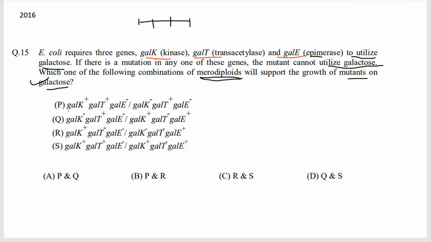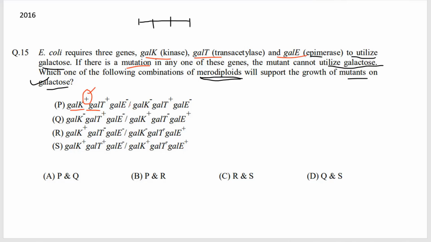In option one, gal K is there, and the plus sign indicates a wild type gene, while a minus sign indicates a mutation is present. So gal K is there, gal T is there, and gal E is not there.